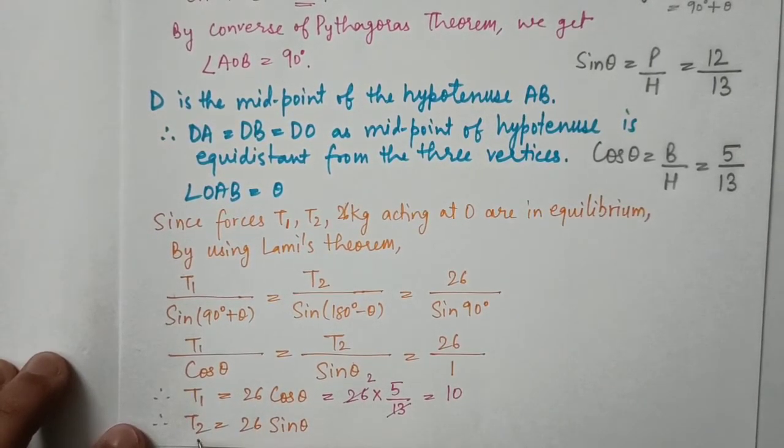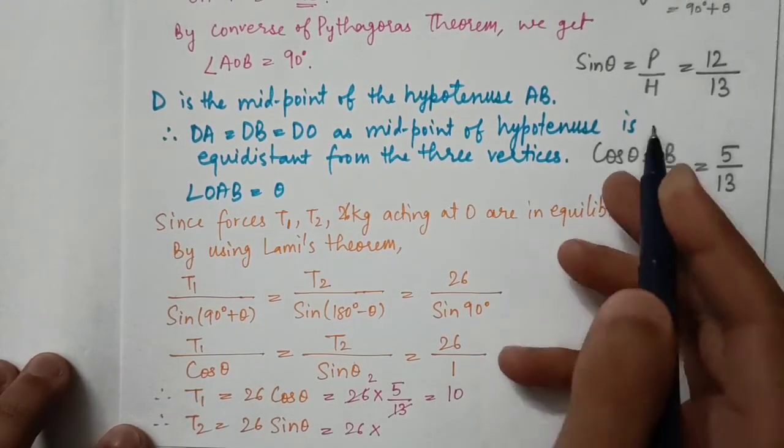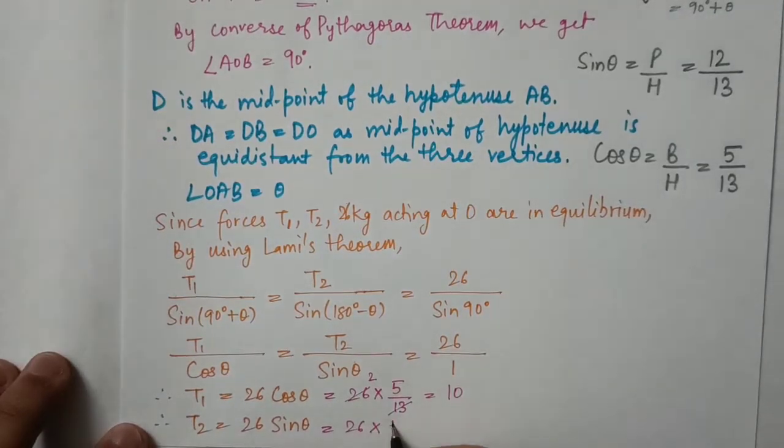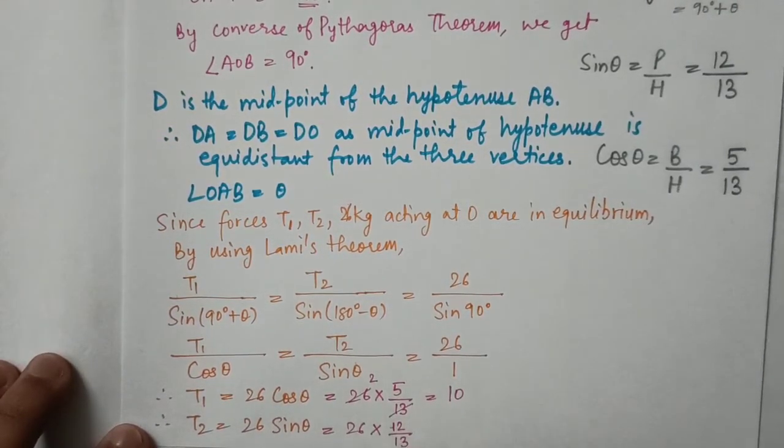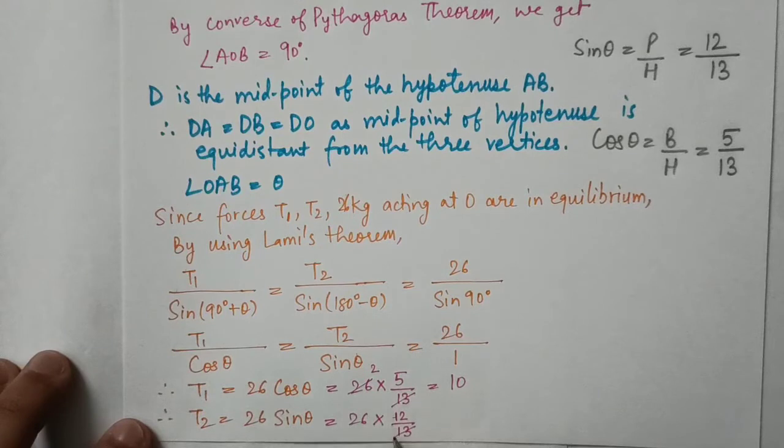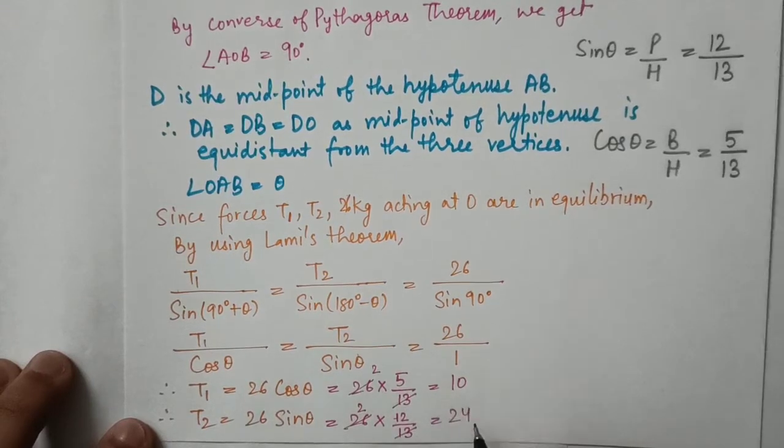Okay, and T2 is equal to 26 into sine theta. So what is the value of sine theta? This 12 upon 13. And again when we simplify it, this will be 2 into 12, and this will be equal to 24.